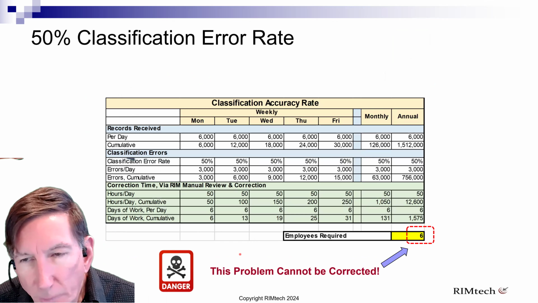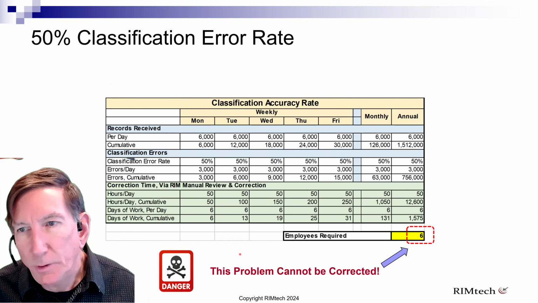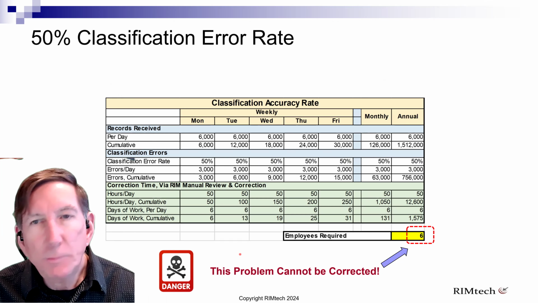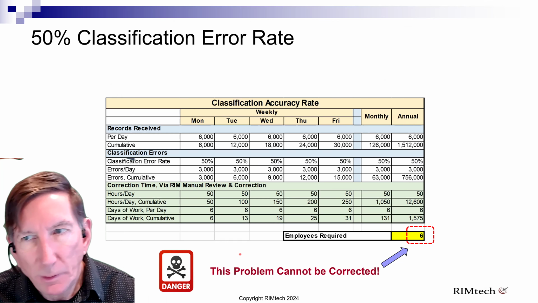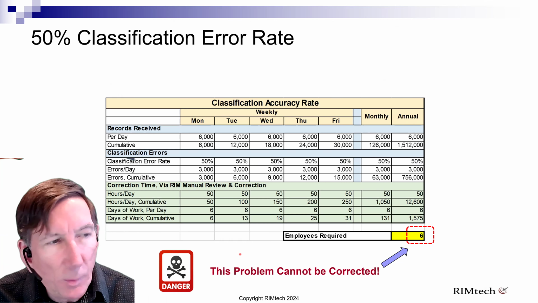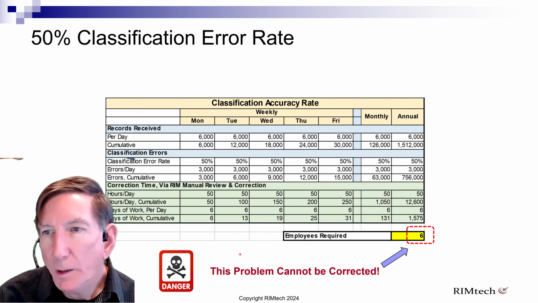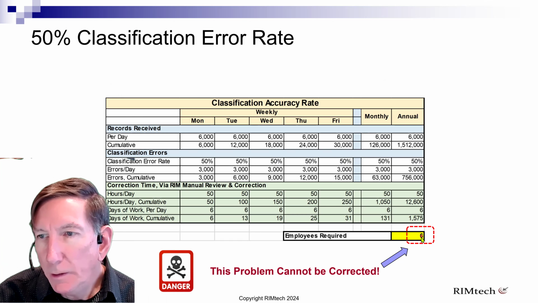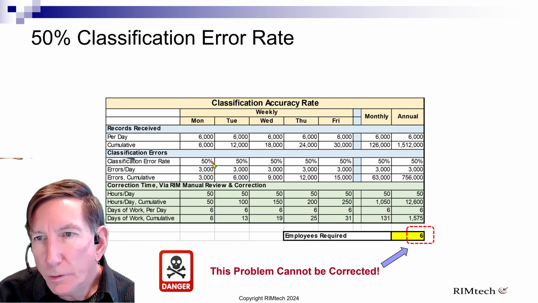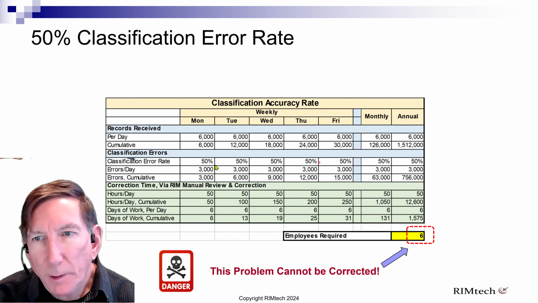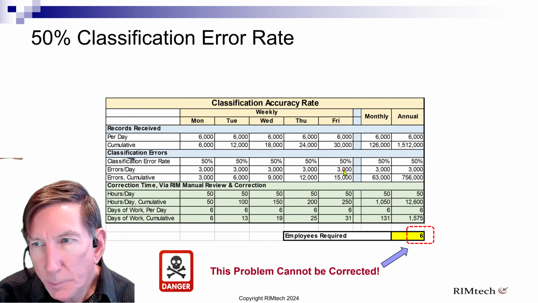Now, I've got a few slides here showing examples. They're smaller examples, only 6,000 records a day. That's not a normal rate. That's half a normal rate. But it does illustrate that you would need a team of 6 people if you were to try to measure these at a 50% error rate, because that's 3,000 documents per day.